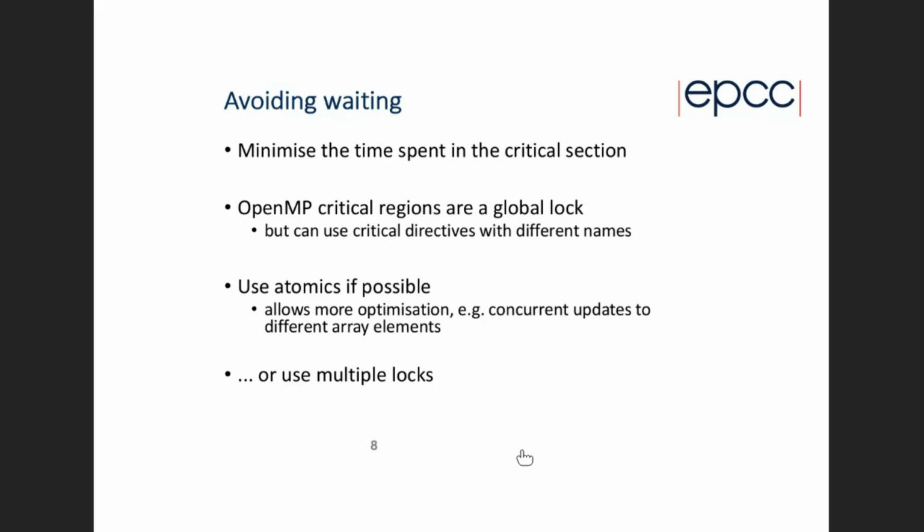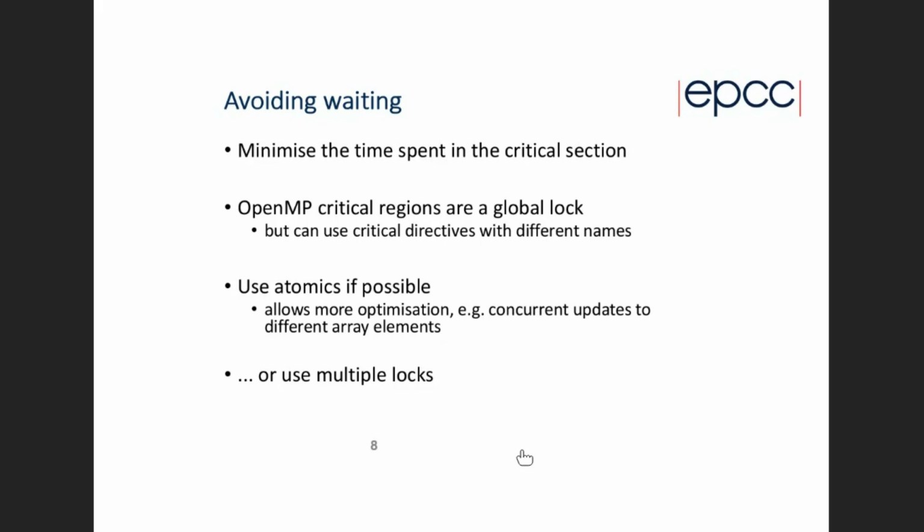And your final option is to use locks. If atomics are not applicable because it's not just a simple update, or the thing you're updating is not a basic type, then you might need to resort to using locks.